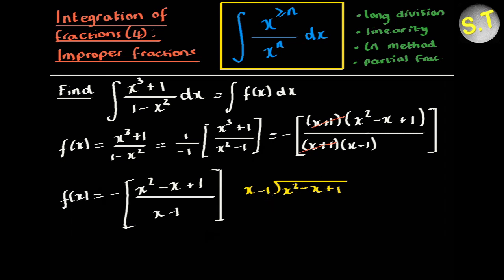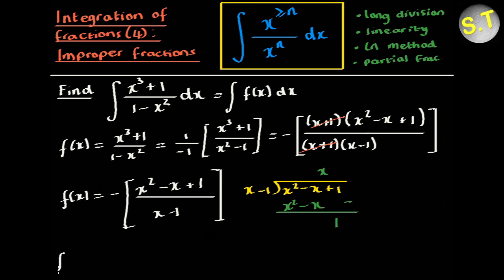So since we have an x squared term in here, and x to the first power in here, we clearly need to times by x. So if we do that, we're left with x times x is x squared, minus x times 1 is minus x. And again, if we subtract that, x squared minus x squared is 0, minus x minus minus x is 0, so we're left with 1.